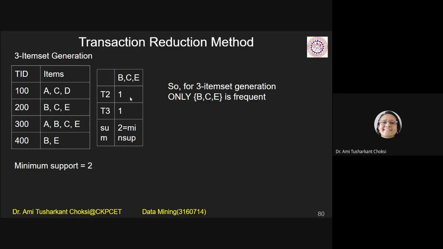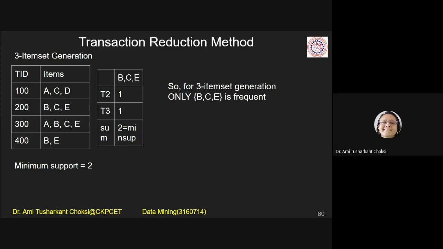T2, BCE. Yes, it is there. So put it as 1. Here it is that BCE. Yes. So put it 1. What about this sum here? That is, you can say 2 and that is equal to minimum support. Fine.